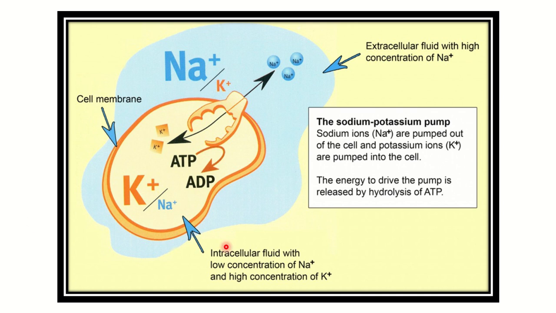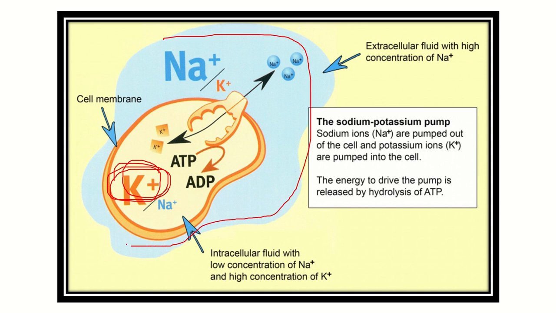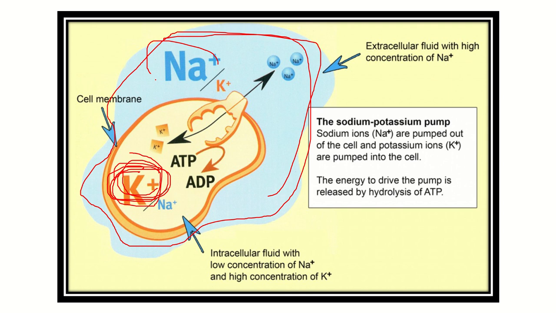So here in this picture we can see the higher portion of the potassium is present within the cell. Here we can see the higher amount of the potassium, and this is the extracellular fluid. If we think of the extracellular fluid as the sea or ocean, then the cell is a bag of potassium, and this potassium bag is floating in a sodium rich sea or ocean.